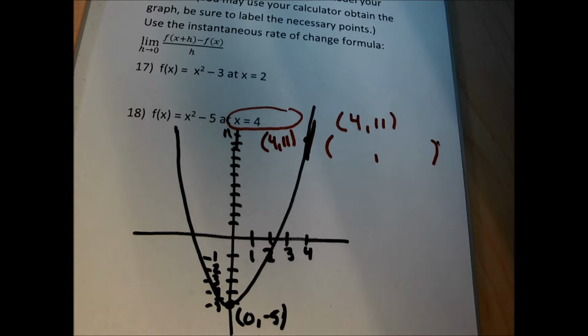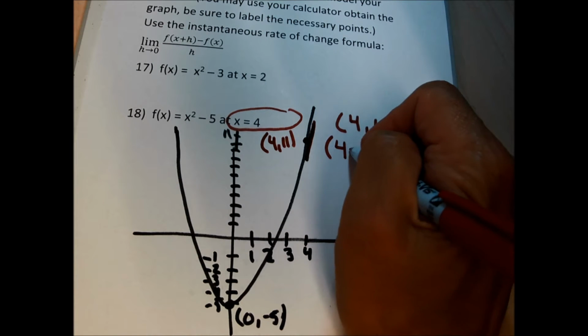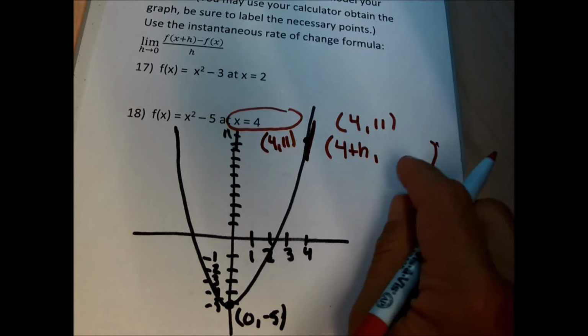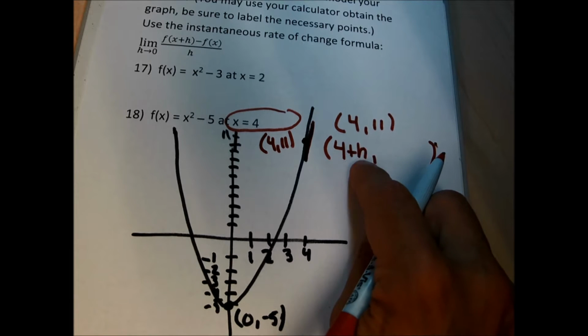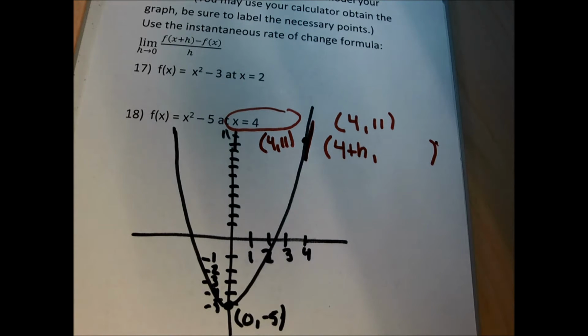Maybe just 4 point, a million zeros and a 1 would be arbitrarily close. But I'm not going to write 4 point, a million zeros and 1 for my next x. For my next x, I'm going to write 4 plus h, and I'm going to use calculus to make this h as close to 0 as I can possibly be, so that my 2 points are going to be so close to each other that I can't distinguish them. So this is where we get into calculus.